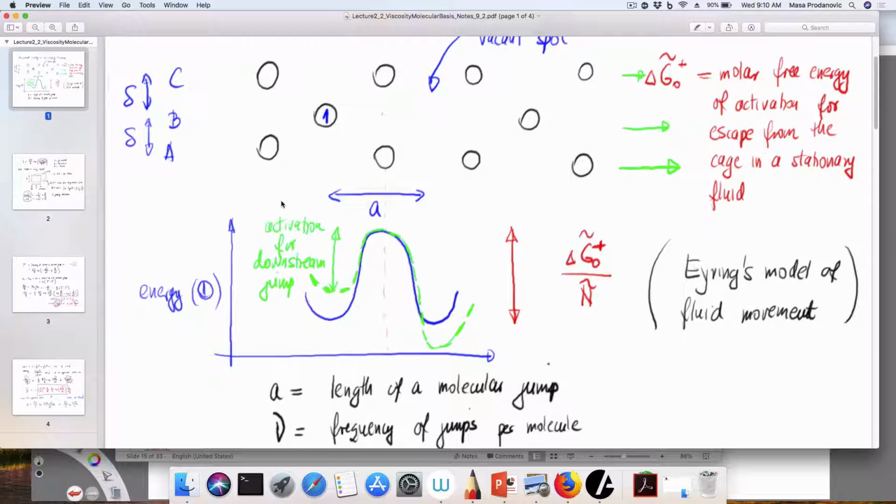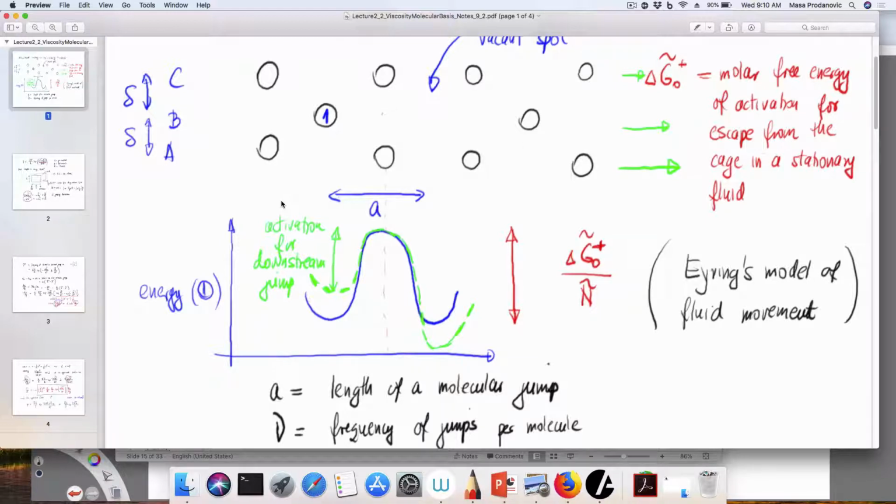But once it's in this vacant spot, that spot is a local minimum of energy as well, and that local minimum is higher than the energy at rest, right? Okay, so it goes back to the same magnitude. Right. And then you keep doing that all over the fluid. Okay, cool. So now that we, yes?